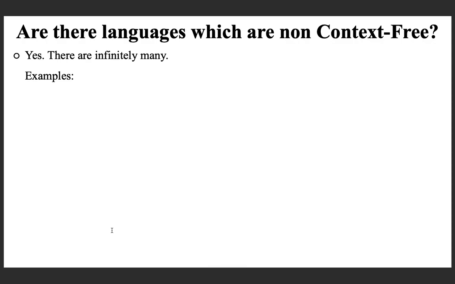We can see some examples. This language is proved to be a non-context free language. We have applied the game induced by the pumping lemma for context free languages to prove that this language is not context free.